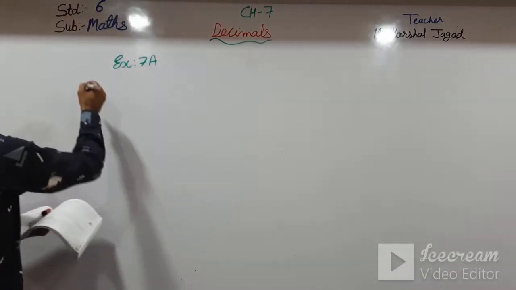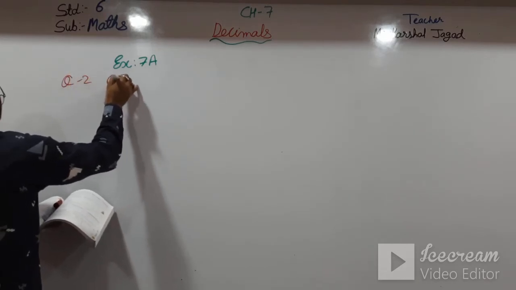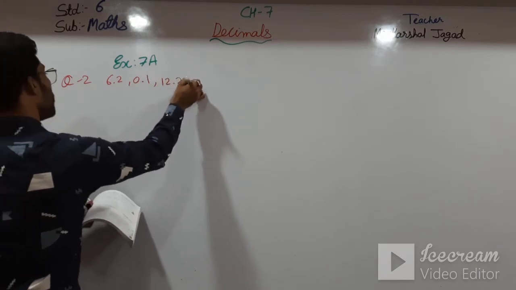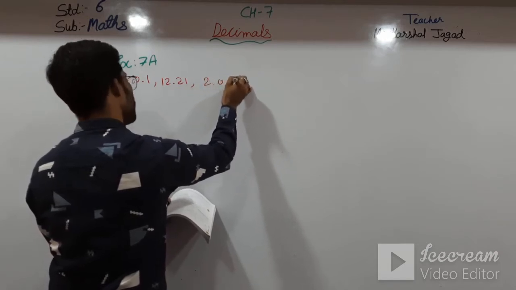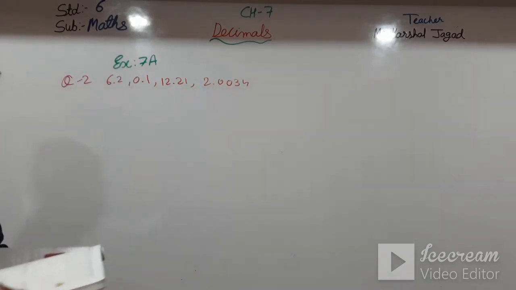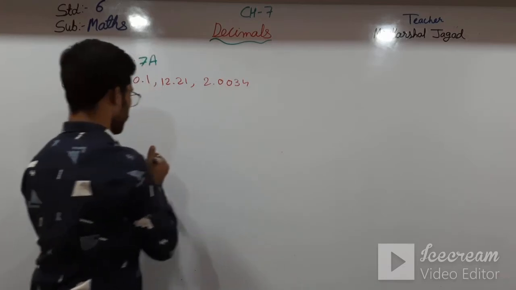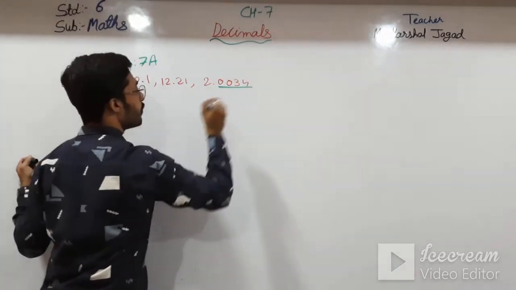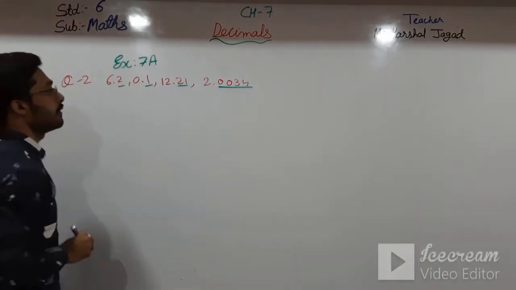So how will we convert these? The maximum number of decimal places is over here, 4. Here it is 2, here it is 1, and here it is also 1.